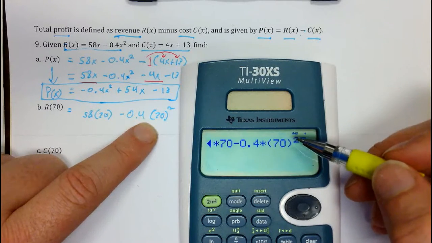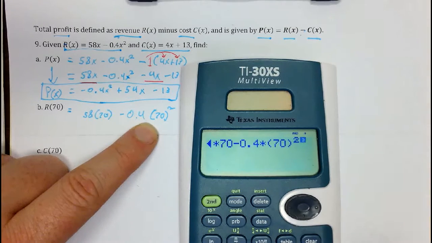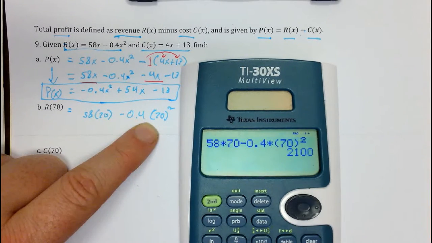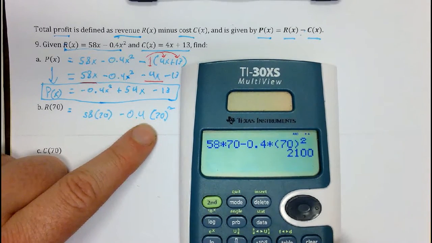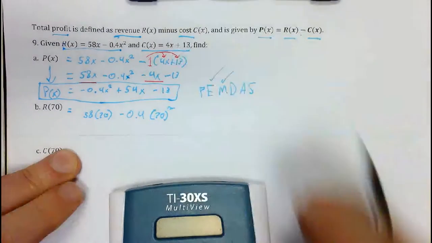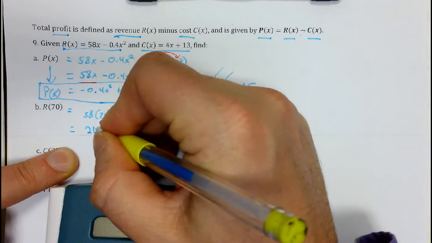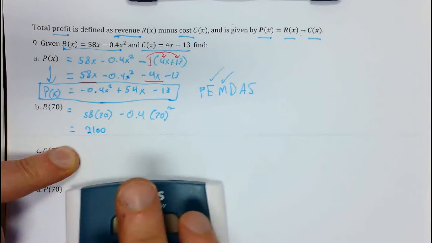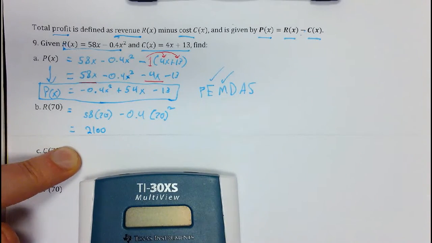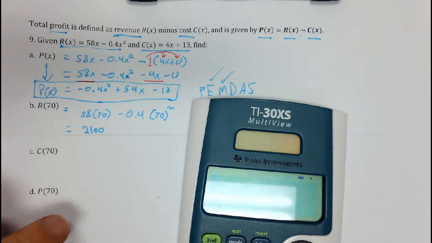I could have put the square inside of my parentheses. That would also raise just the 70. I work this out and I get 2100, which seems pretty high. I guess when we're talking about a business, this is kind of reasonable. Bringing in $2,100, I guess a fairly small business.